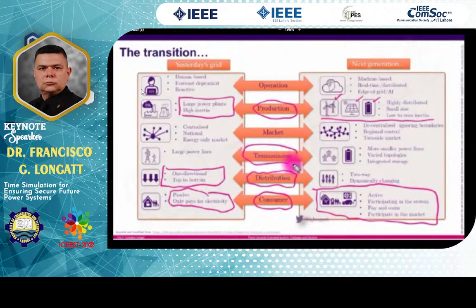At the transmission level also we are having many challenges, because those very large power lines going over very long distances, that move bulk power, are starting to be substituted by smaller power lines with a varied kind of topologies and interconnections.